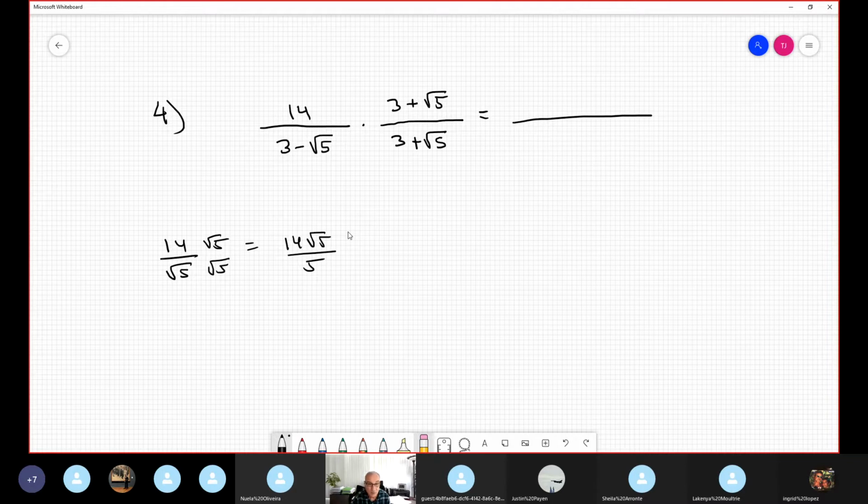One more time, we apply the formula. A minus B multiplied by A plus B is A squared minus B squared. Like 3 squared is 9. In our problem, A is 3.